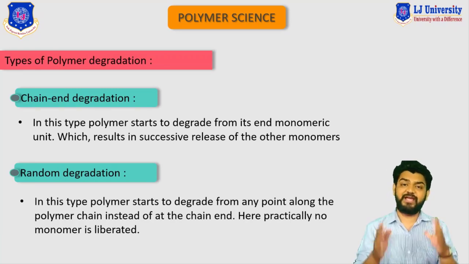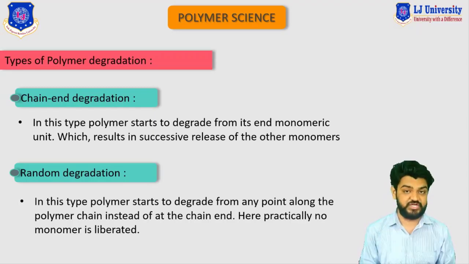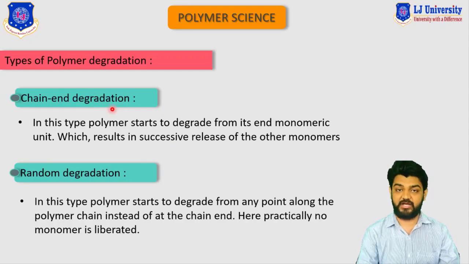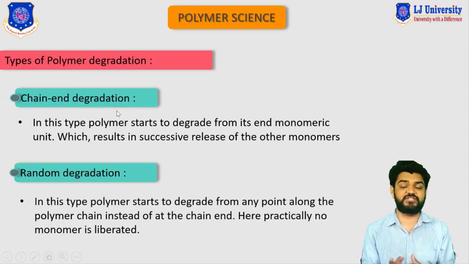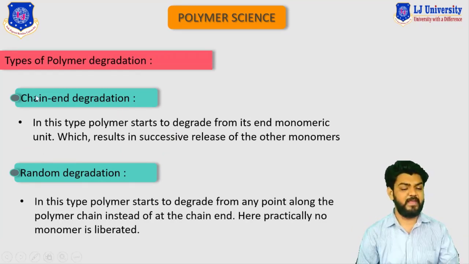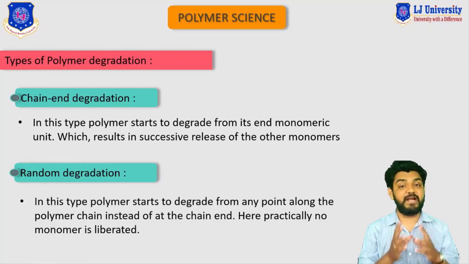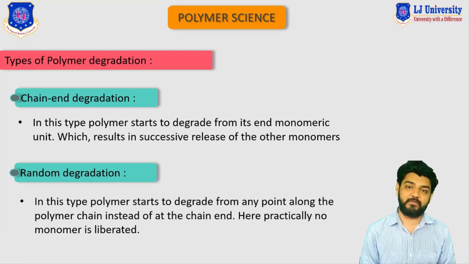So here we can say that there are two different types of polymer degradation. One is chain end polymer degradation, in which degradation starts from the last monomer unit in the long polymer chain. The other is random degradation, in which degradation starts from a random site of the long chain polymer.